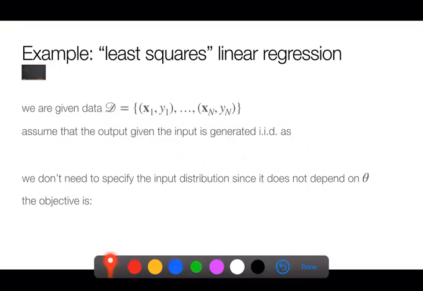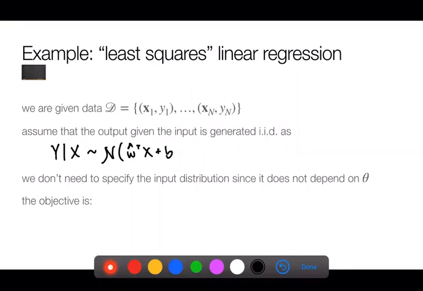We're going to assume that this output y conditioned on the input x is generated according to the following. This is the distribution that we're going to put on y given x. We're going to say that y given x comes from a Gaussian where the mean is specified by some linear function on x, given by w hat transpose x plus b hat.